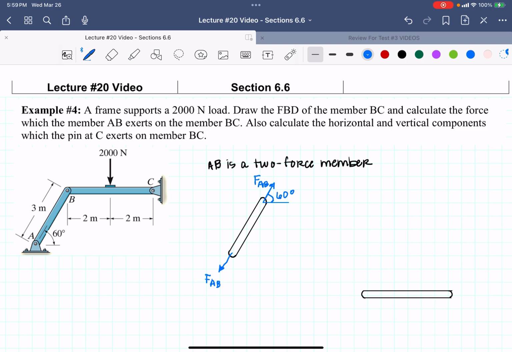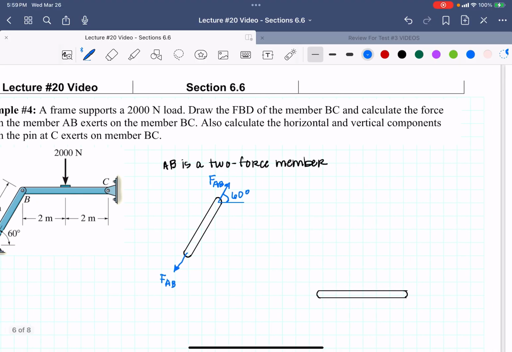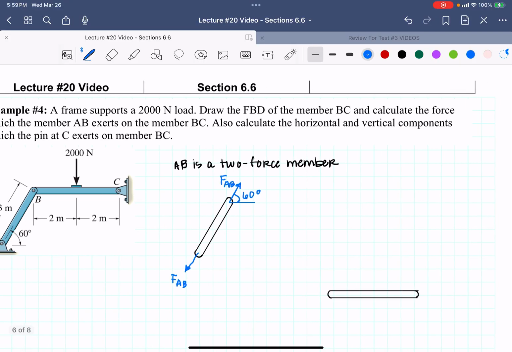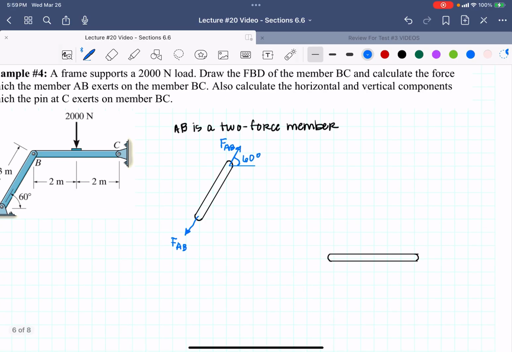Now let's draw the free body diagram of member BC. So here is member BC. When I look at member BC, I have the reaction FAB going on. Remember, it's going to be in the opposite direction than I drew on the other diagram.